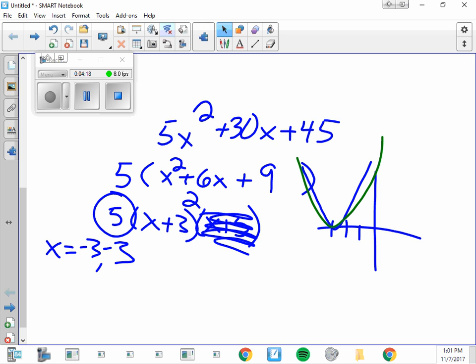Whenever a root happens twice, it just bounces off the x-axis. If it happens 3 times, then it does that weird x to the 3rd thing through the x-axis, and 4 times would be a bounce. Okay? So that one we didn't need the box.